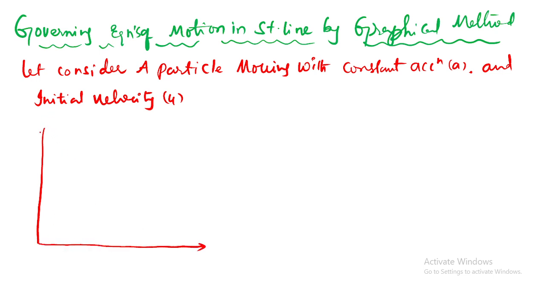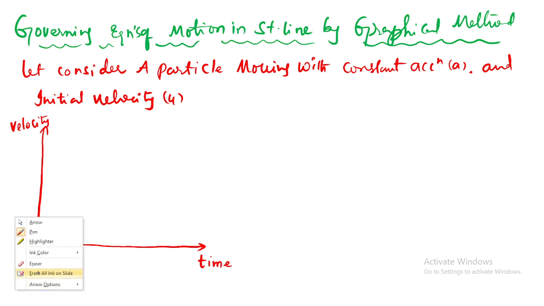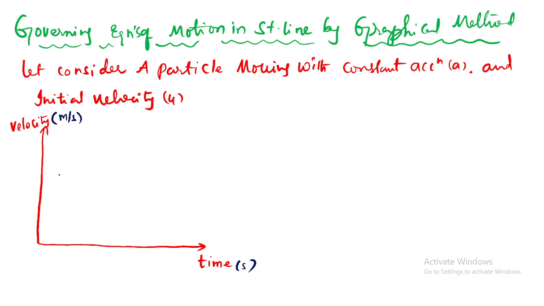Okay, u, and a v-t graph I am trying to draw. This is velocity, and this is time. The units of velocity are meter per second, and time is in seconds. Now the body already has some initial velocity. For example, the person started moving from somewhere.